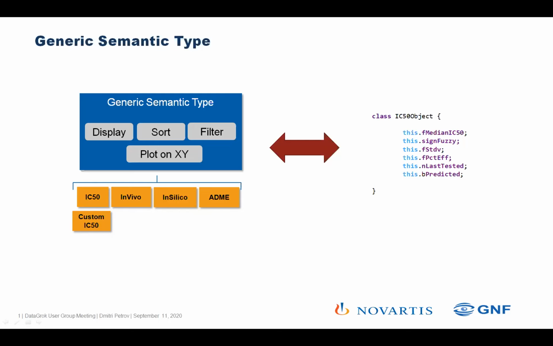It provides the information about how many display and sort options are available, what is the default sort, how to filter an object of that type. In other words, this semantic type answers the question not only what makes sense to do with our data, but also provides instructions how Datagrok visualization should handle it.